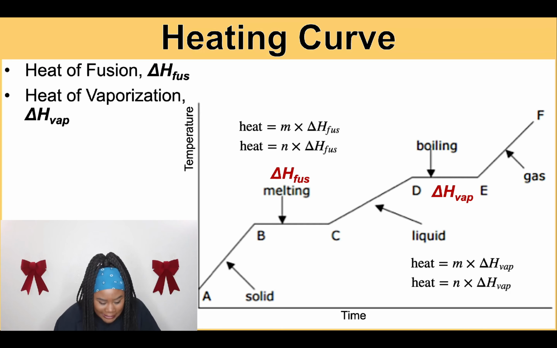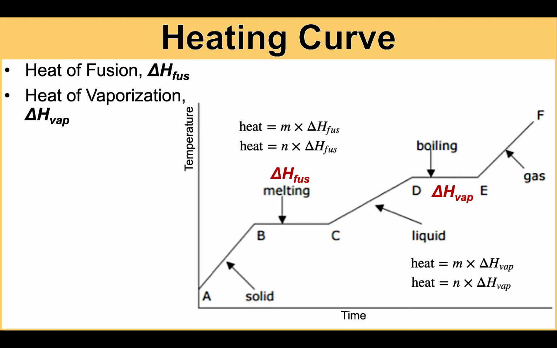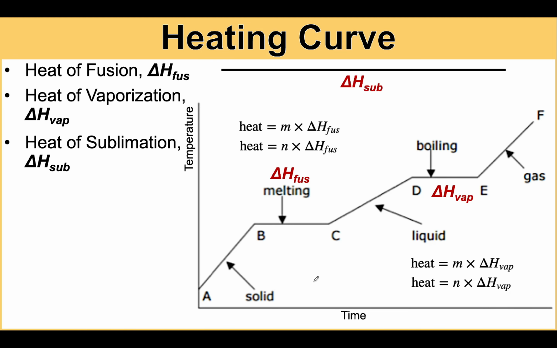Oh, what? Wait! It is the direct conversion from solid to gas, and we call it sublimation. So we also have the heat of sublimation. The heat of sublimation has the same formula. So Q is equal to m times heat of sublimation. So how do you get this one?